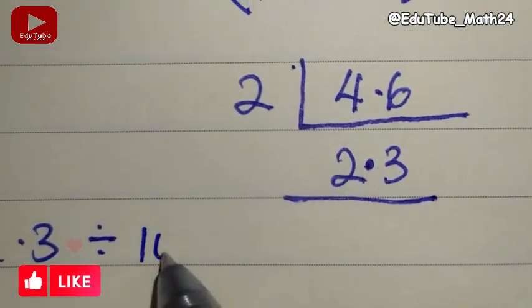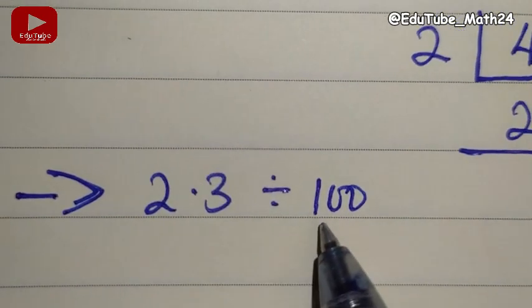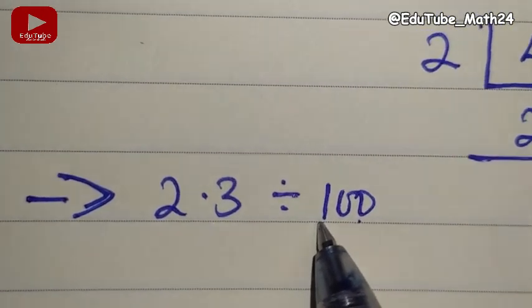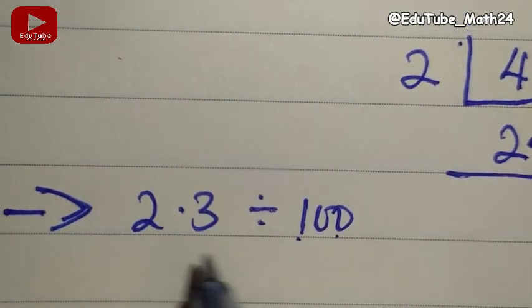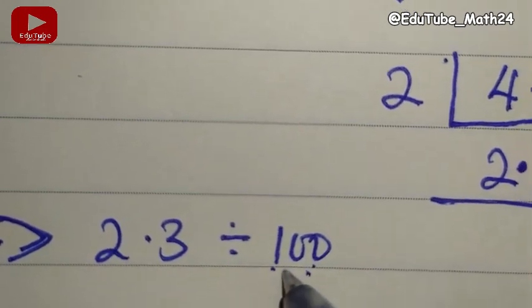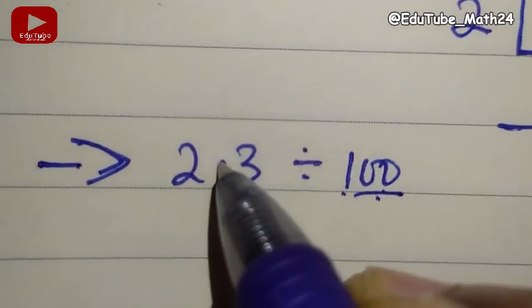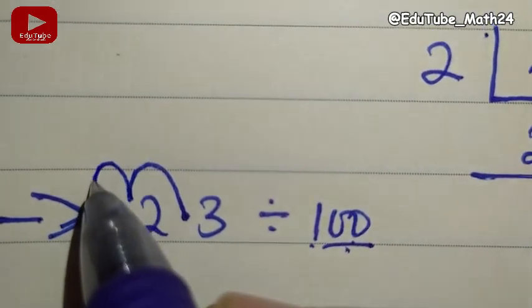2.3 divided by 100. Now remember what I explained in example 3. If you are dividing by multiples of 10, move your decimal point to your left side by the numbers of zeros you have in your multiple of 10. So since we have 2 zeros, I'm going to move the decimal point 2 places to the left, which is 1 and then 2.